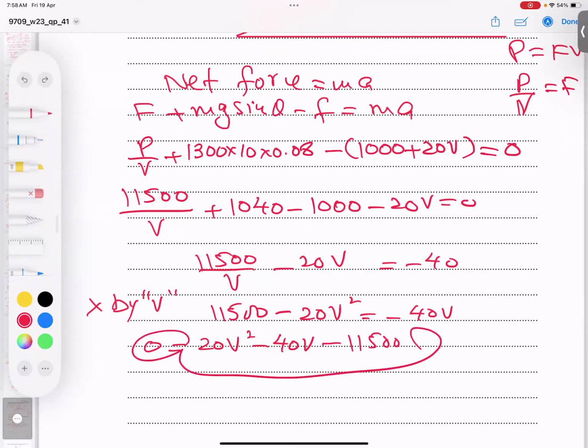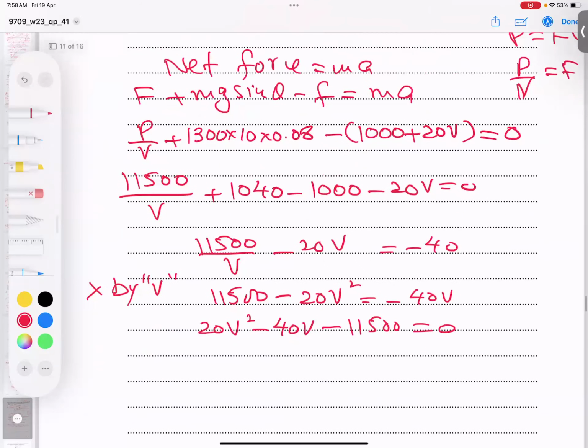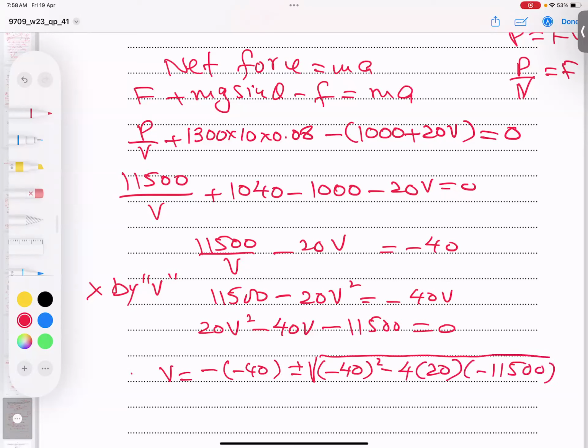Writing 0 here or writing 0 there, no issue at all, nothing changes. Okay, I can apply the quadratic formula. Or you can divide to make it easy, or directly apply the formula, but write at least one step. Negative B plus or minus the square root of B squared minus 4AC, over 2A.